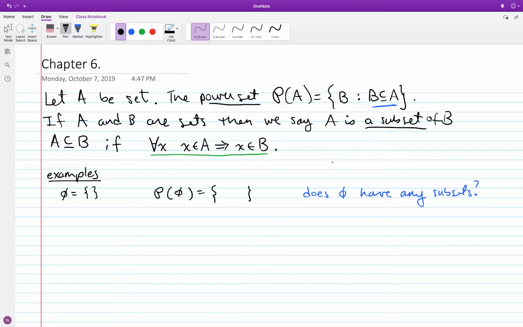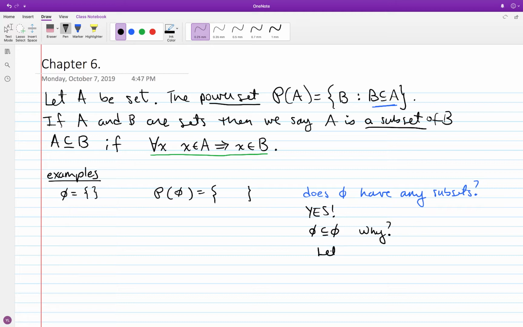All right. Let me prove to you that the empty set does have a subset. Well, exactly one subset. The empty set is a subset of itself. Let's argue why this is true, and we can use a so-called point chase argument to do so.